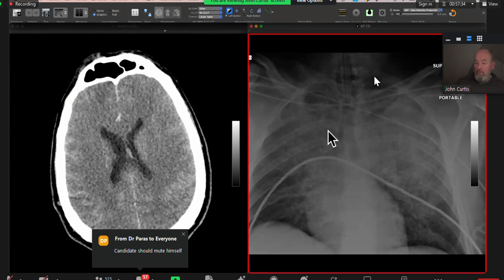The things to remember about non-cardiogenic pulmonary edema: drowning, smoke inhalation, drug reactions like overdose of narcotics or just a hypersensitivity reaction to a drug. Then neurogenic causes, and they're the main ones really. Just a nice demonstration of non-cardiogenic pulmonary edema.